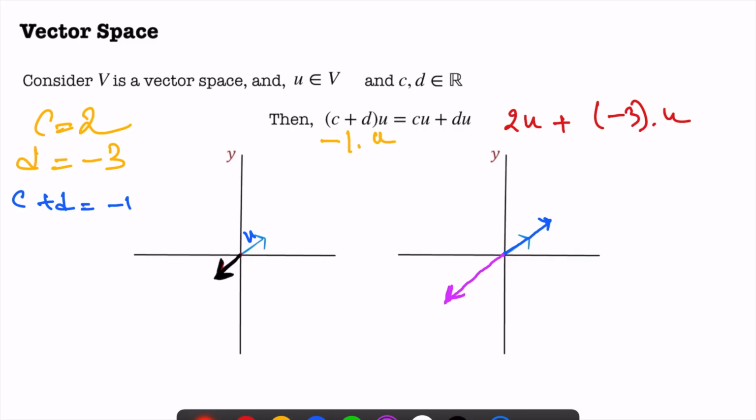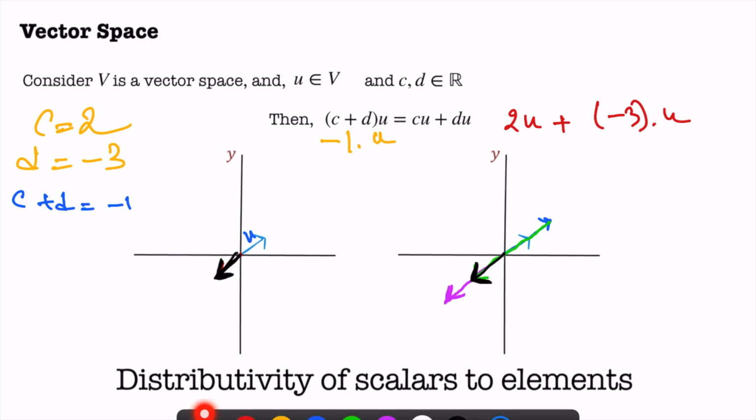Then 2u plus minus 3u, from here we'll move in this direction and reach here. So this is our resultant vector. And this one should be same. This property is called distributive nature of scalars to elements.